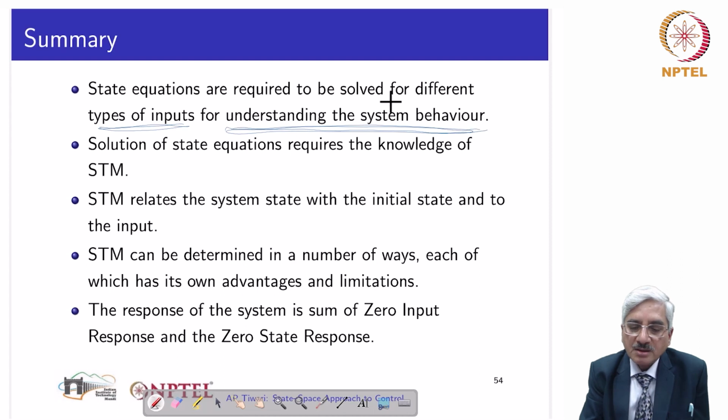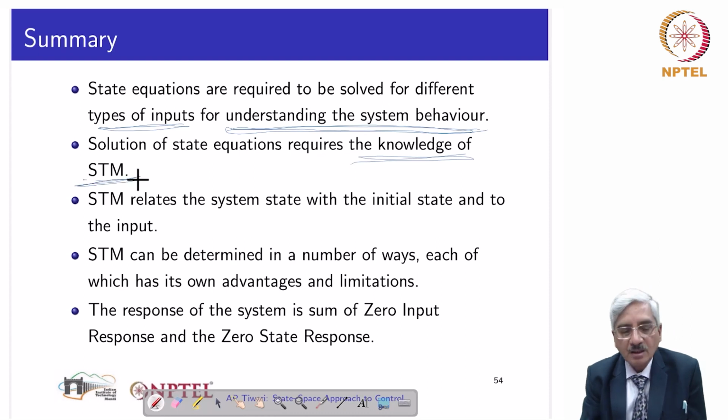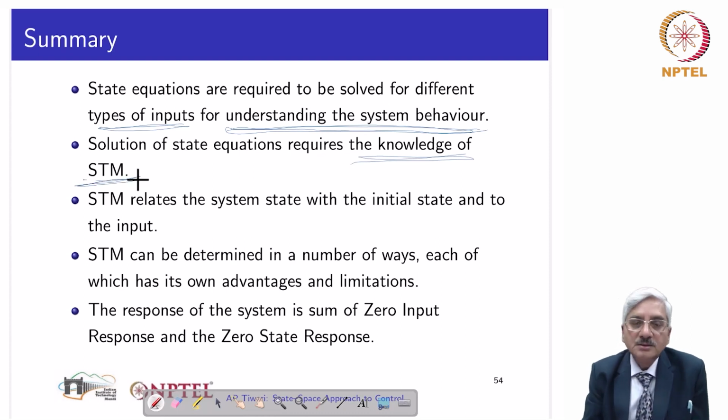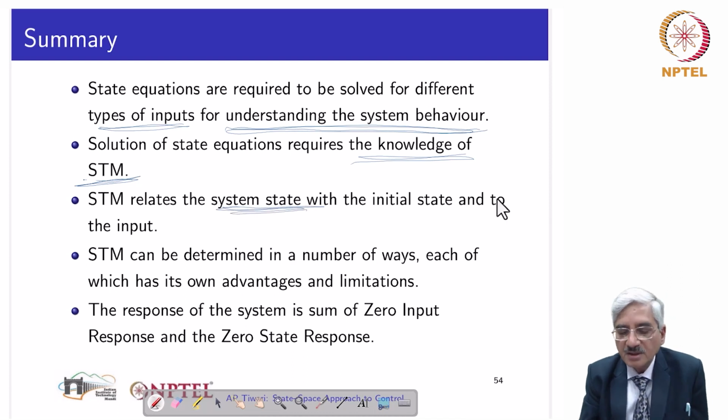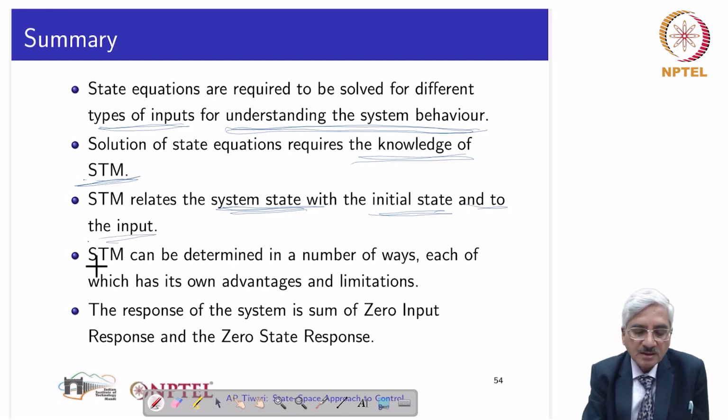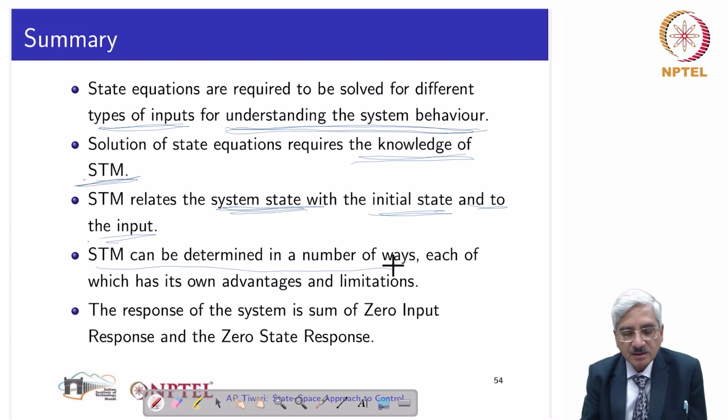The process of solution of the state equation requires the knowledge of the state transition matrix, which relates the system state at any arbitrary time t with the initial state and to the input. There are various ways of determining the state transition matrix.